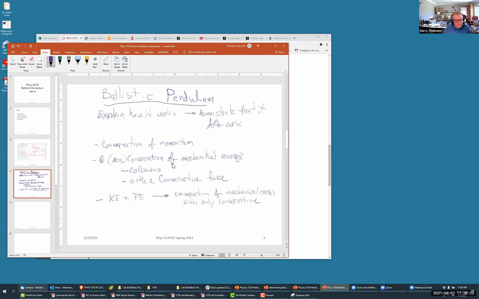And then we're going to apply this to a pendulum, and that involves using some trigonometry as well. So once we do all this, we'll have all the tools to explain how a ballistic pendulum works.